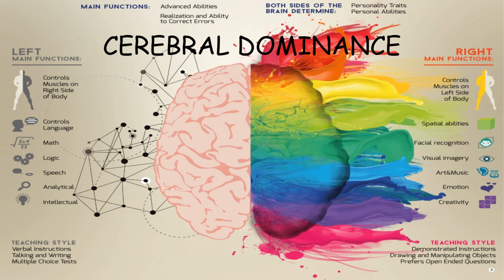So the left hemisphere has different functions than the right hemisphere. The left hemisphere controls the muscles on the right side of the body, and it controls language.